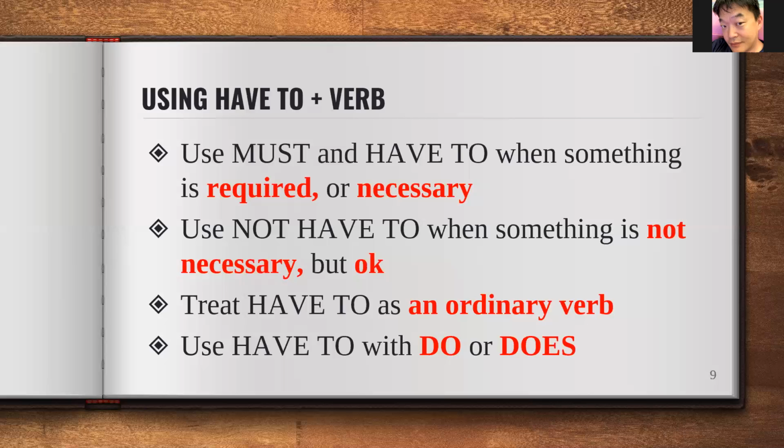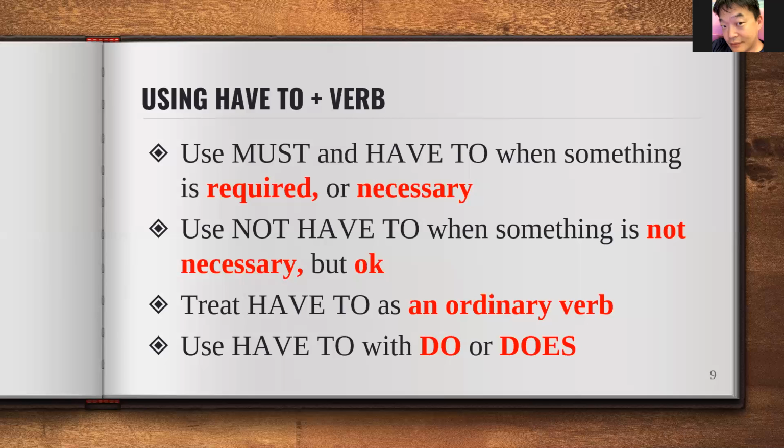You also must or have to take it 3 times a day. And now look, you don't have to take it with food. How do I know? Because I have here in this little box, take 1 pill 3 times a day with or without food. So it's something that is not necessary, but it's okay if you do it. So that's why I use you don't have to.